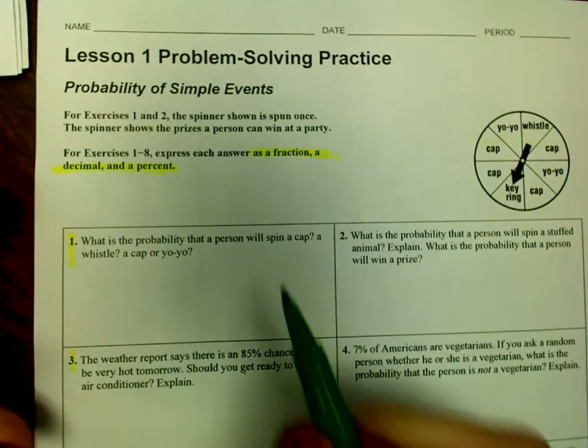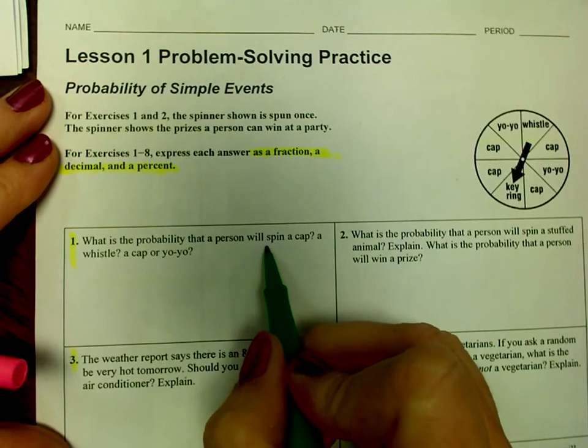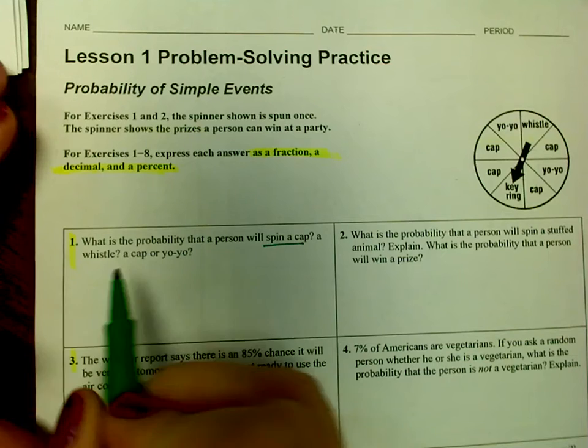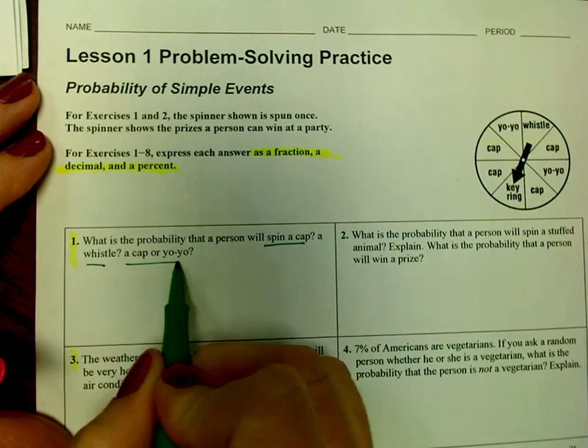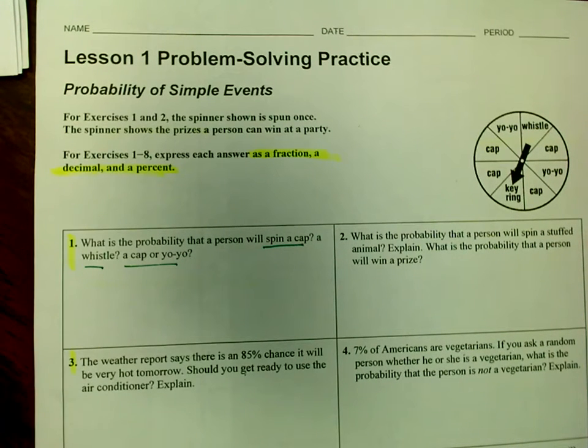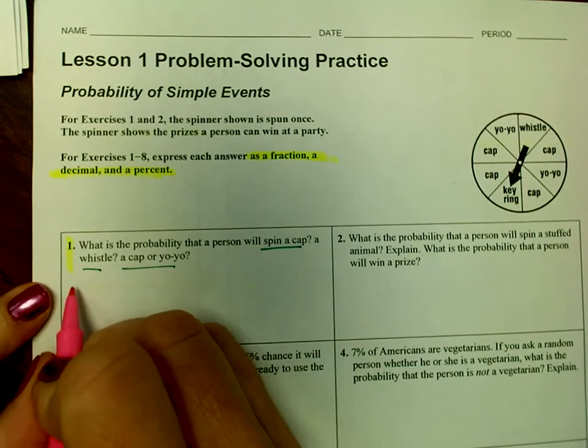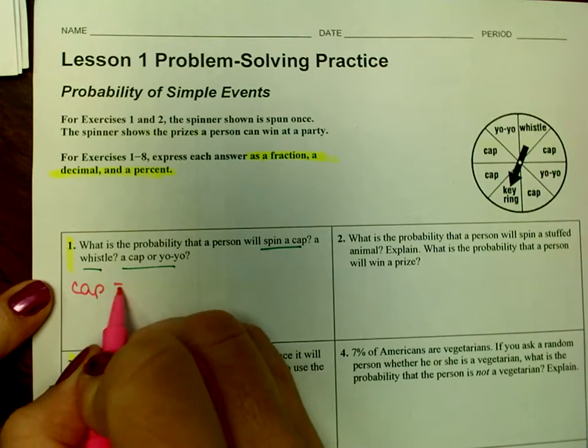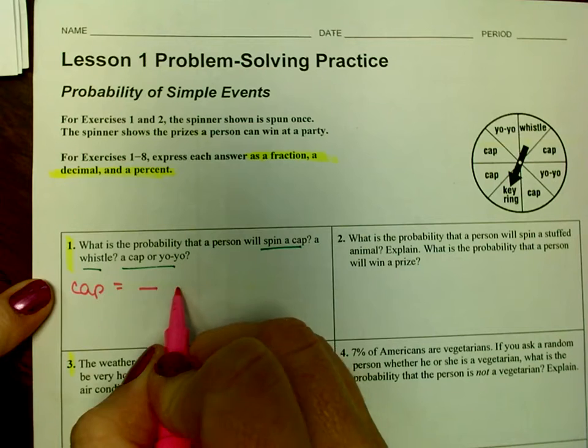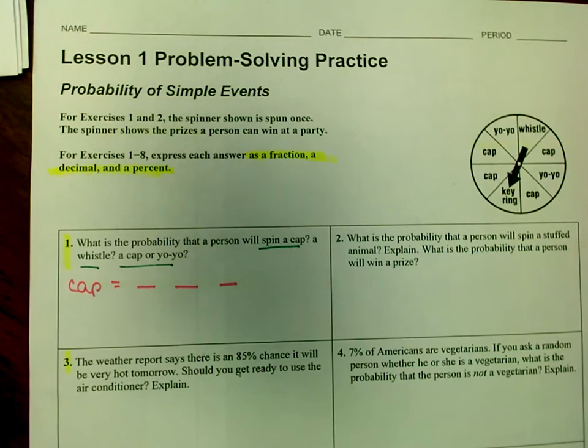Okay, number 1 has 3 questions. What's the probability it will spin a cap, a whistle, and a cap or a yo-yo? So, you're going to have the cap as a fraction, decimal, percent.